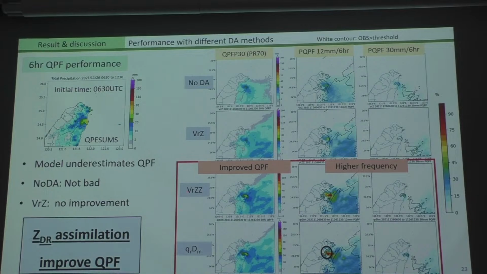The result is the lower panel. You see that we can further improve the QPF, especially when we apply the new idea of mean diameters to assimilate ZDR. In the probability forecast, we see a higher frequency representing heavy precipitation in this area.